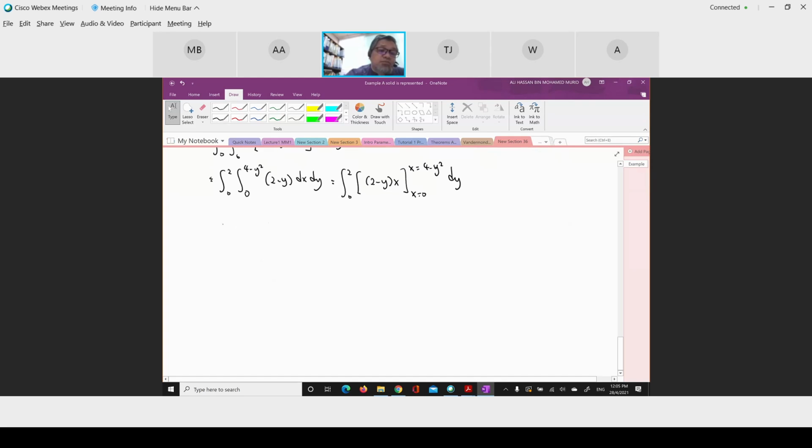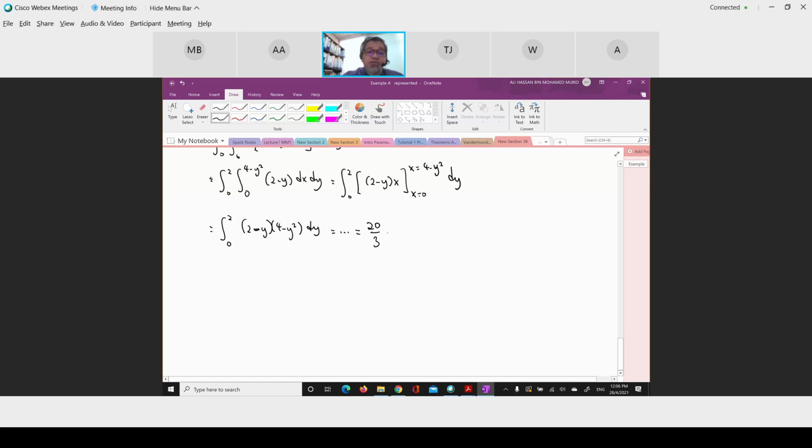Next we substitute x by 4 minus y squared, and when x is 0 we get 0, so we are left with this single integral. I'm sure all of you can evaluate it, so I'll leave it to you to show that the end result is 20 over 3.